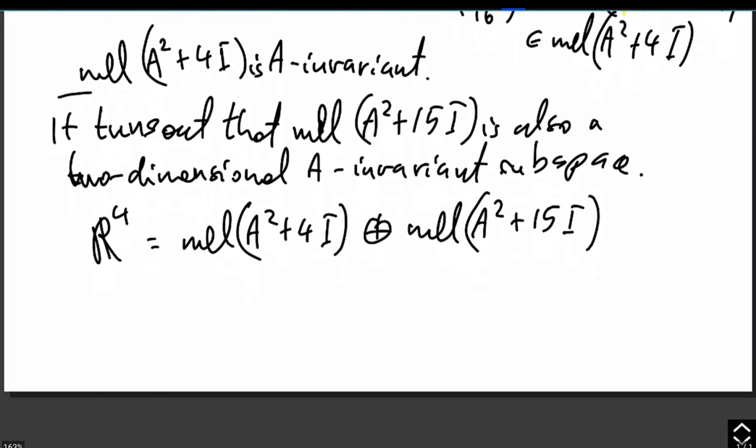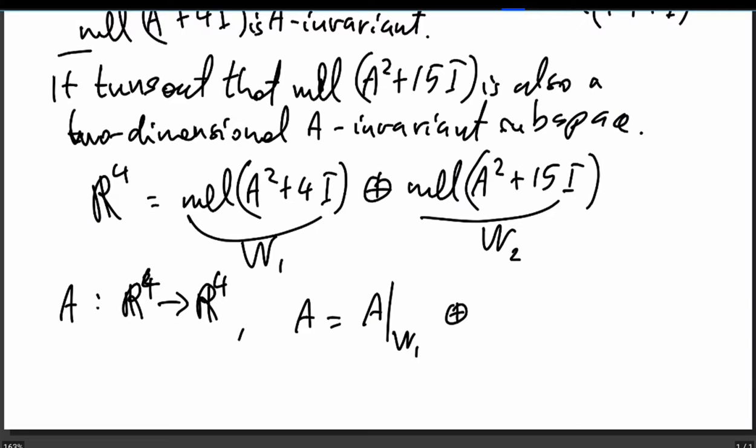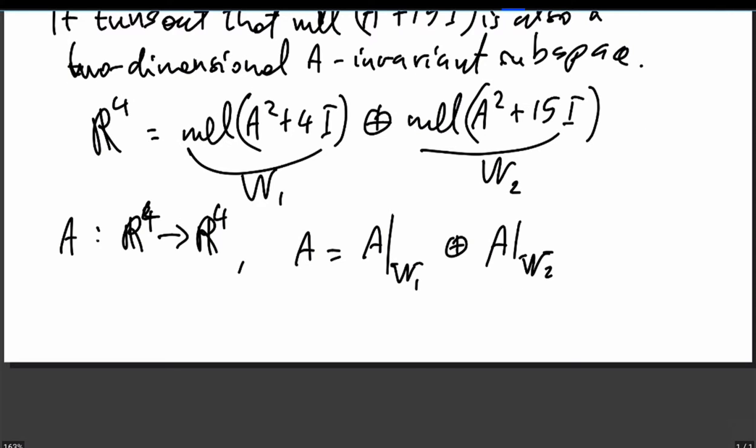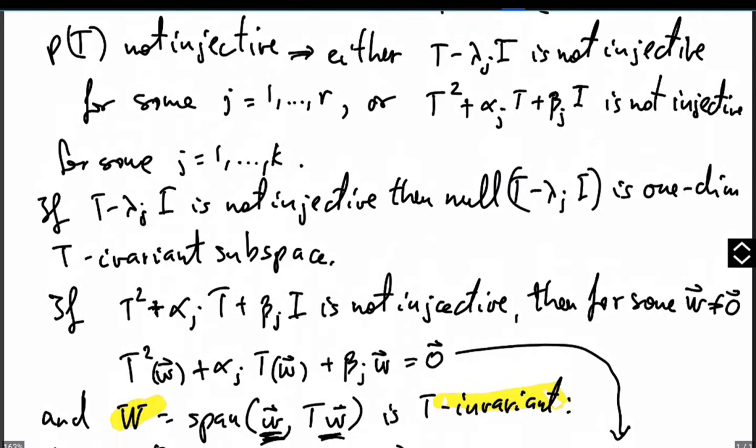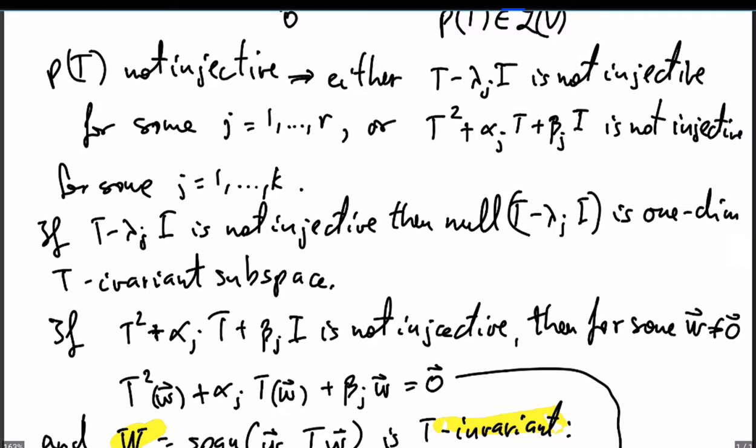Which means that if we denote these with W1 and W2, the linear operator A, which is the matrix mapping from R4 to R4, can be written as A restricted to W1 plus A restricted to W2 subspaces. Please note, if you look at the theorem, it says that we have factors that are not injective for some j.